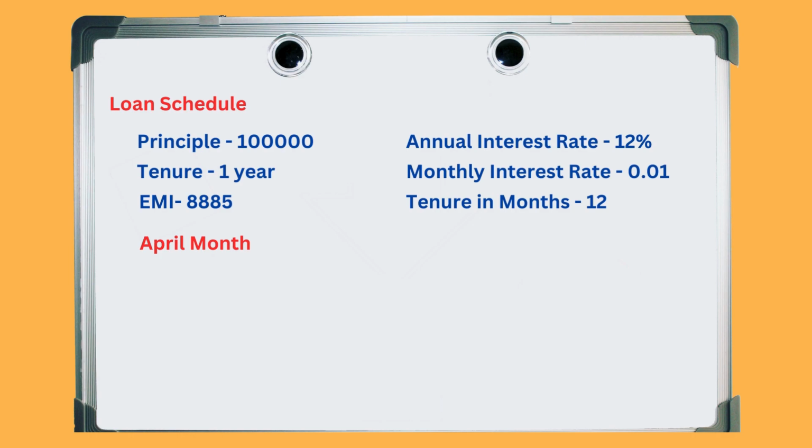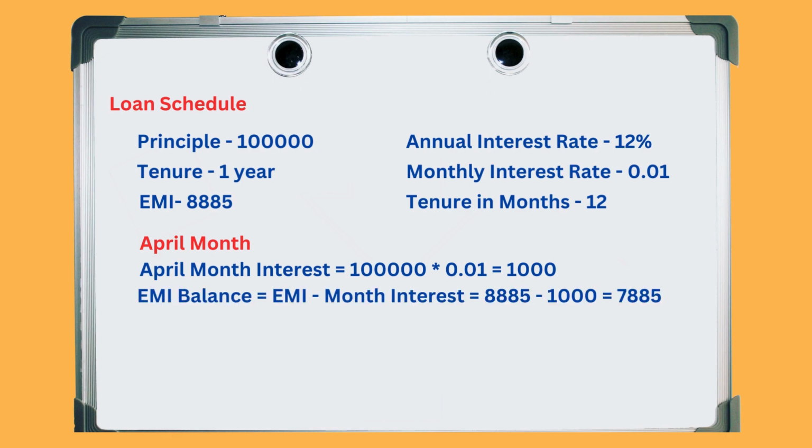That means 1 lakh rupees principal multiplied with the monthly interest rate, that is 0.01, not the annual rate of interest. 1 lakh multiplied with 0.01 becomes 1000 rupees, the interest payment for March. As you are paying the EMI of 8885 rupees, from this EMI this 1000 rupees interest will be deducted first.